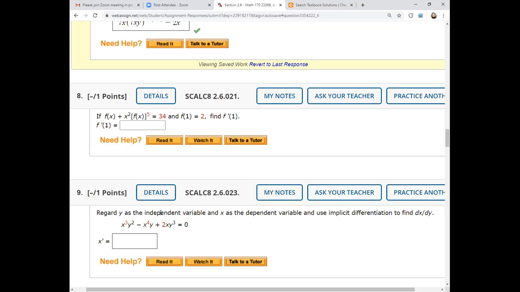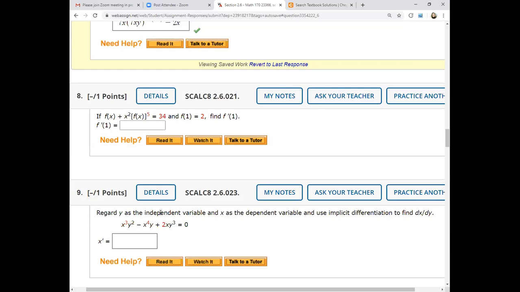So I have the derivative of the first, 2x, times the second, plus the derivative of the second times the first.